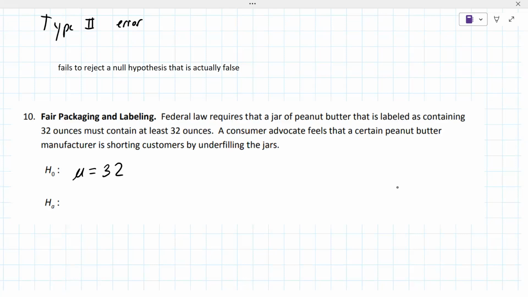And it says at least, so it'd be greater. The claim is down here in the second sentence. The claim is starting here.